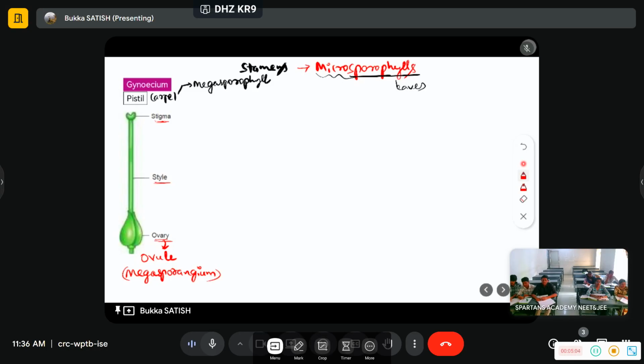Carpel is megasporophyll, inside which each ovule is megasporangium. Inside this megasporangium only megaspores are produced. Those megaspores will form the embryo sac later.